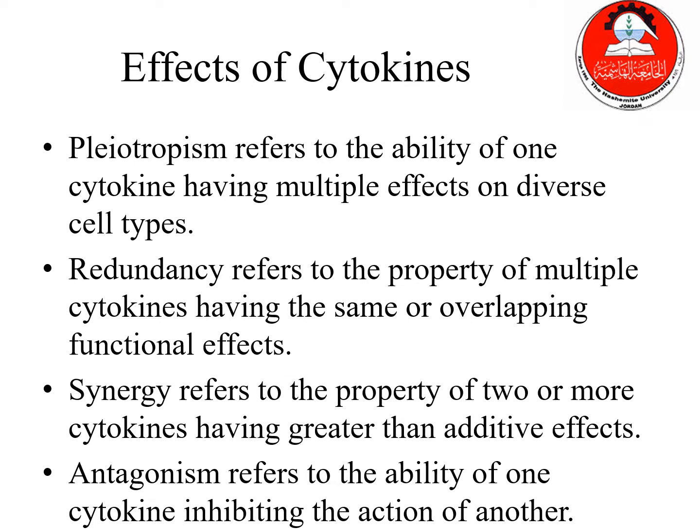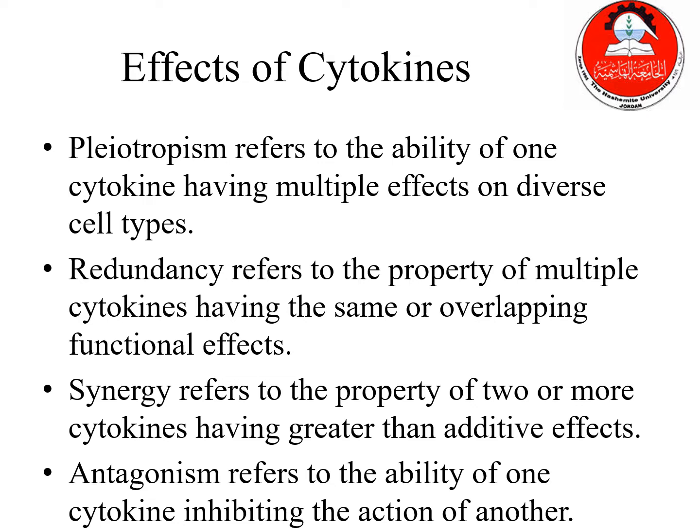So what are the effects of cytokines? We have pleiotropism, refers to the ability of one cytokine having multiple effects on diverse cell types. Redundancy refers to the property of multiple cytokines having the same or overlapping functional effects.